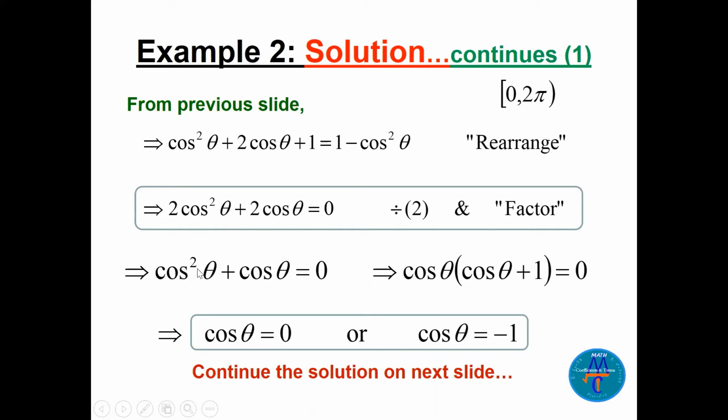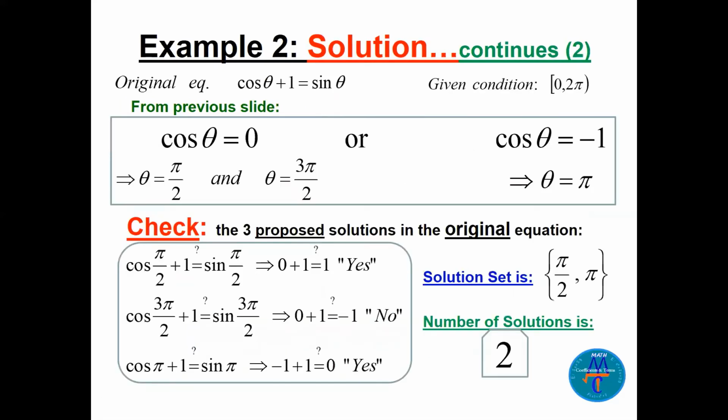Now to factor cosine squared of theta plus cosine of theta is equal to 0, the only way we can do that is by common factor cosine of theta times cosine of theta plus 1. So this will be cosine of theta is equal to 0 or cosine of theta is equal to minus 1. Now we will look at the angles.